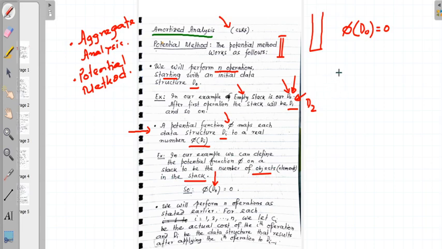Now the data structure and this potential function should be a little bit clear to you. Whenever we take the concrete example again, it will be much clearer what is happening. But to have the potential method going, you have to have this data structure ready, and also the phi function ready.